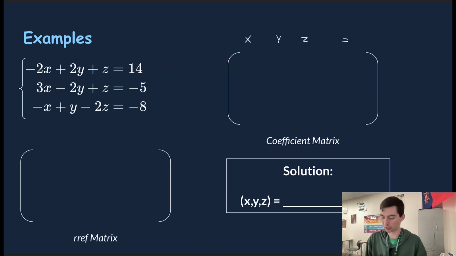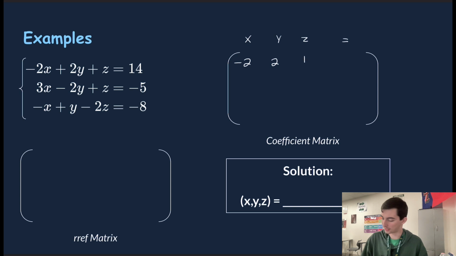And so we're just going to take the coefficient of each of these terms and put them into our coefficient matrix. First I have negative 2x, so I'm just going to write negative 2. I'm not going to put any commas or anything like that, just a little bit of space. Then we have 2y's, positive 2.